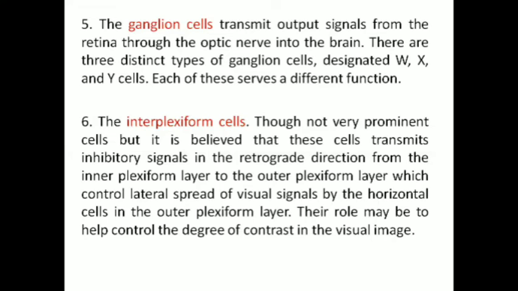Finally, the interplexiform cells, though not very prominent, are believed to transmit inhibitory signals in the retrograde direction from the inner plexiform layer to the outer plexiform layer, which control lateral spread of visual signals by the horizontal cells in the outer plexiform layer. Their role may be to help control the degree of contrast in the visual image. So the function of interplexiform cells is similar to the horizontal cells.